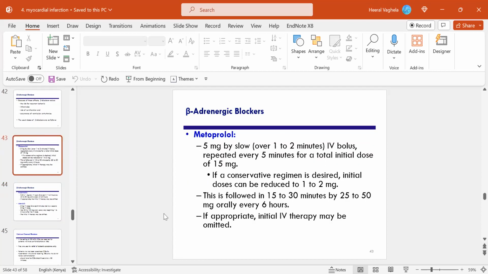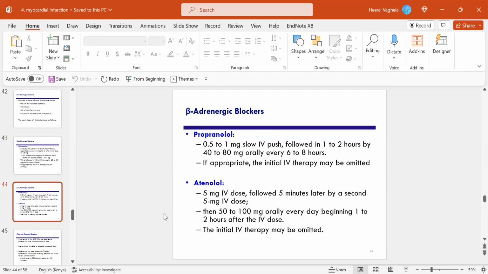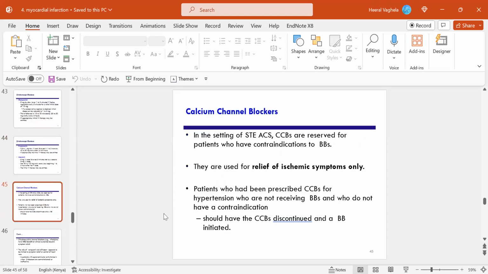Then you can give metoprolol, propranolol, atenolol, but they're given as IV. Then, of course, calcium channel blockers, but they only relieve the ischemic symptoms.